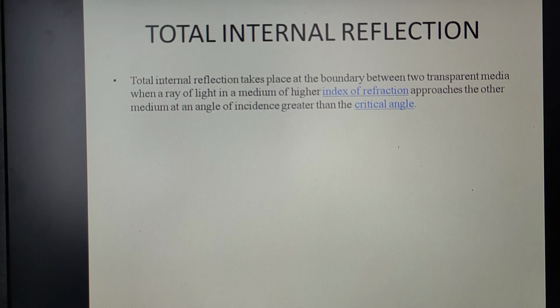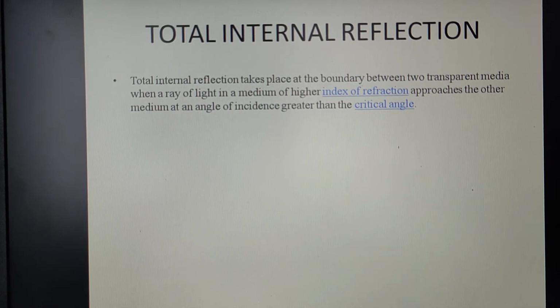However, if this angle of incidence increases more than the critical angle, what will happen is the refracted ray will continue to bend, even after the interface, just as if it is coming back to its original medium, right?